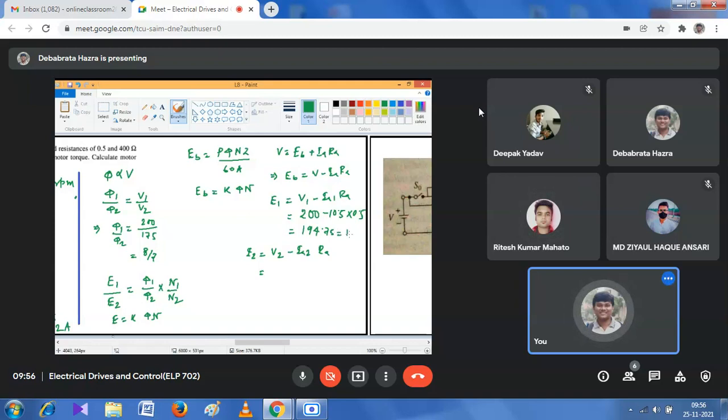That means 195 we can also write. The unit is voltage, V. 195 volts. So then calculate the value of E2 and tell me what is the value of E2.